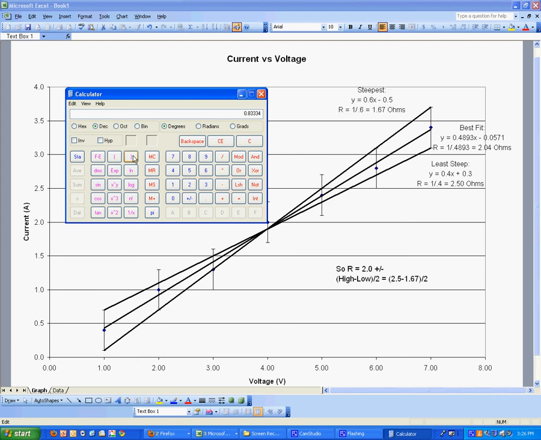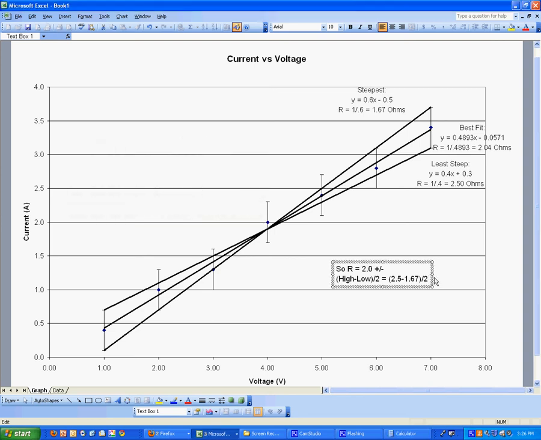Oh, it doesn't show them, but that's okay. That's what it would be, right? Okay, and then divided by 2 equals 0.416666, right?